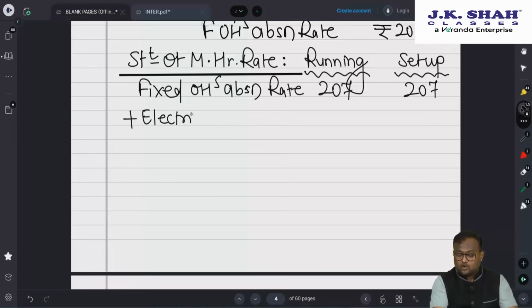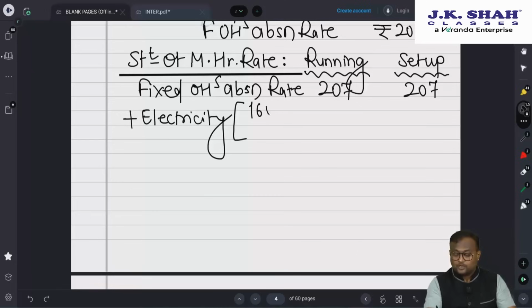But I have a separate cost which is already on an hourly basis, electricity expenses, 16 units per hour into 7 per unit.